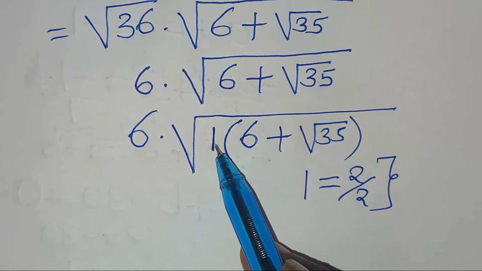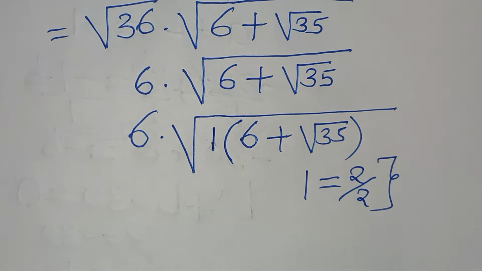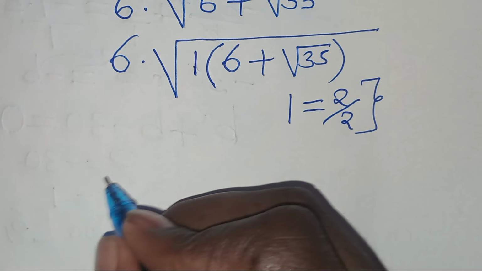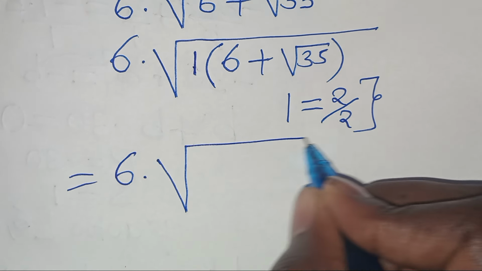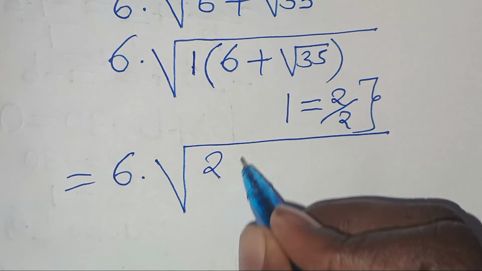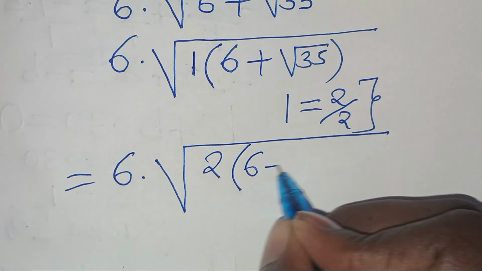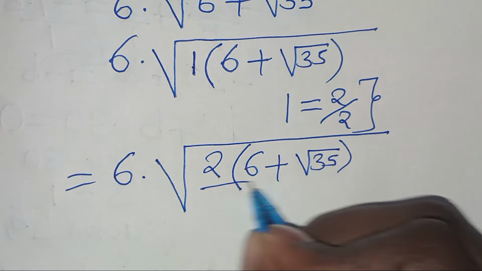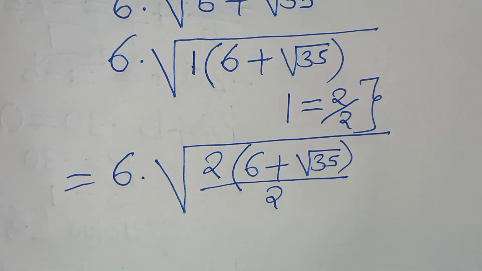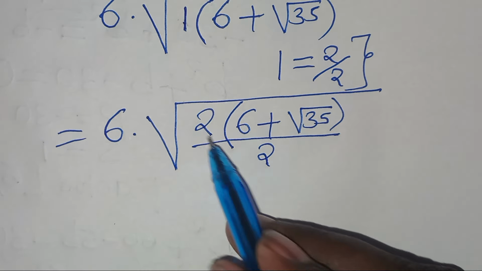So let's substitute where we have 1 with 2 over 2. Now here we have 6 multiplied by square root of 2 multiplied by 6 plus square root of 35, divided by 2.